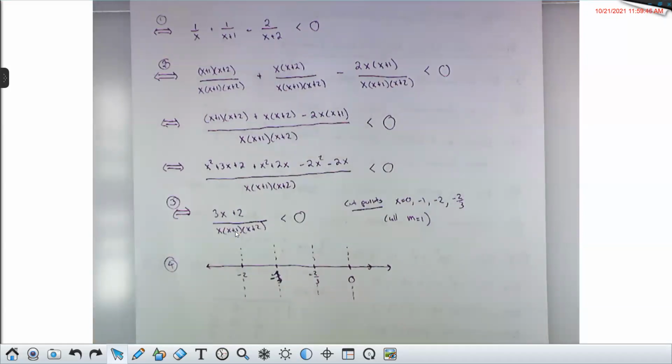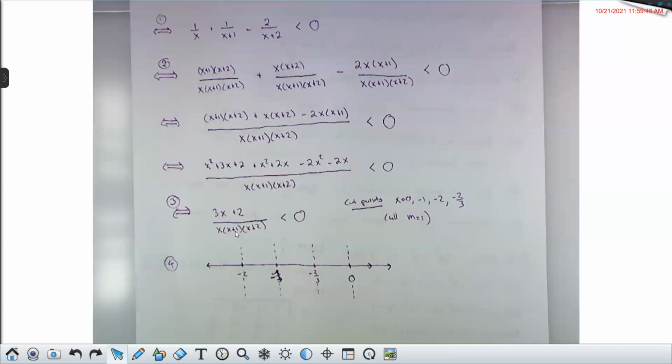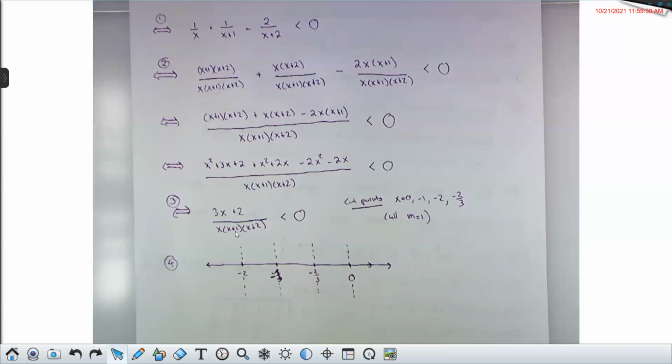Okay. Here, my horizontal asymptote is the line y equals 0. The bottom is degree 3. The top is degree 1. So the horizontal asymptote will not save me.